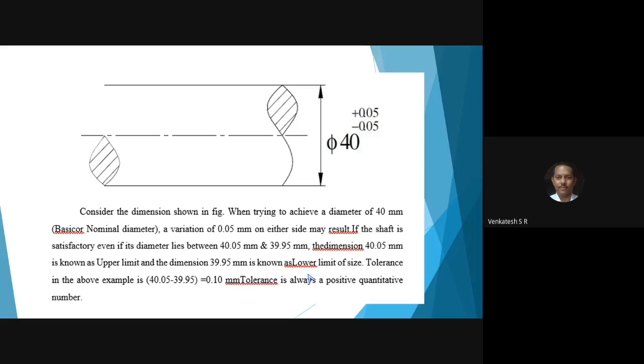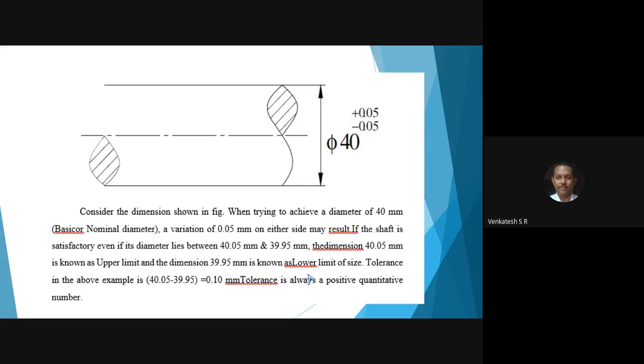Once again, I repeat, tolerance equal to upper limit of size minus lower limit of size, equal to 40.05 minus 39.95, equal to 0.1 millimeter.